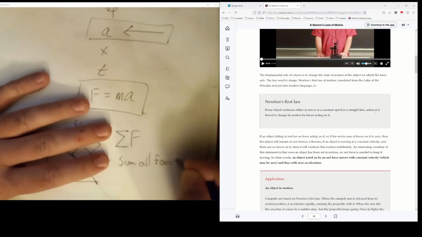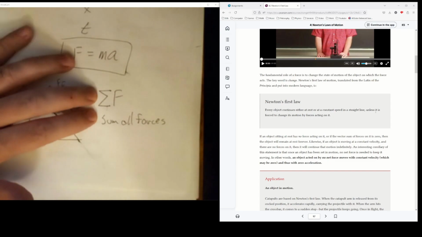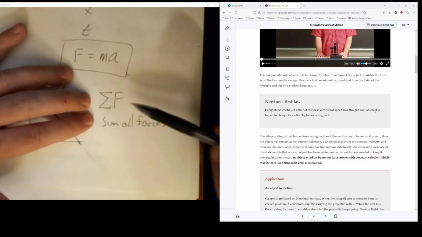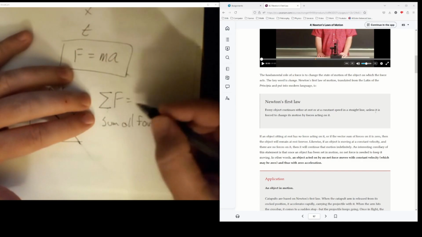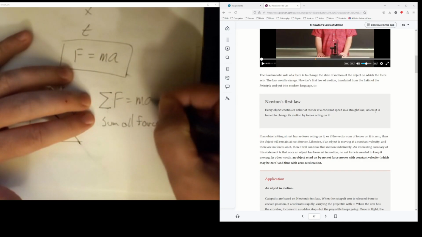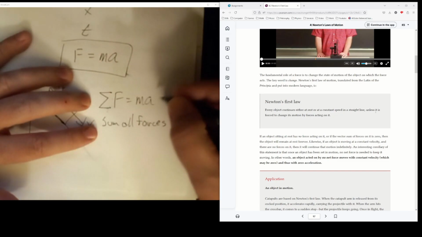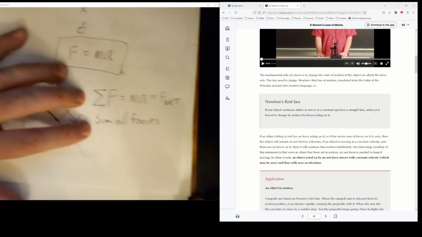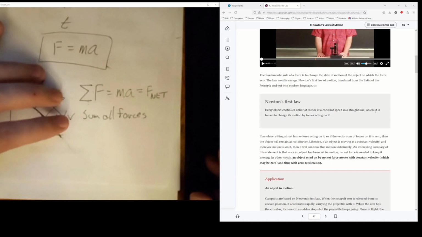Mathematicians argue a little bit that the symbol's not used right, but it is what it is. It's just used as a word to mean sum all the forces. And if you sum all the forces together, you'll get what the acceleration of the object is. Sometimes this is called the net force or the resultant force. Books sometimes call it different things. So they might also call this the resultant force. And this is what leads to our total acceleration.